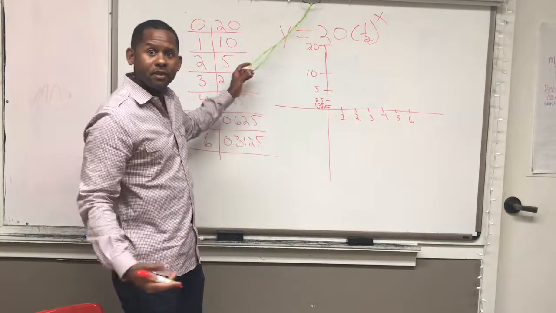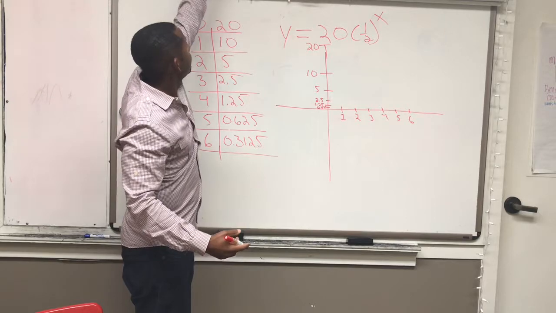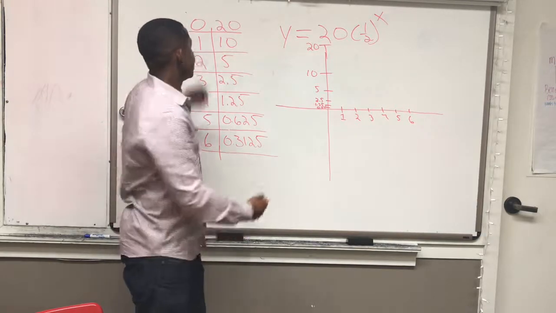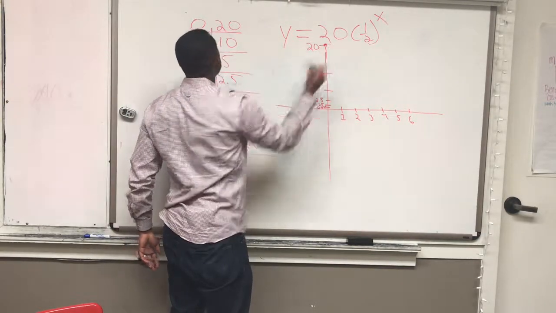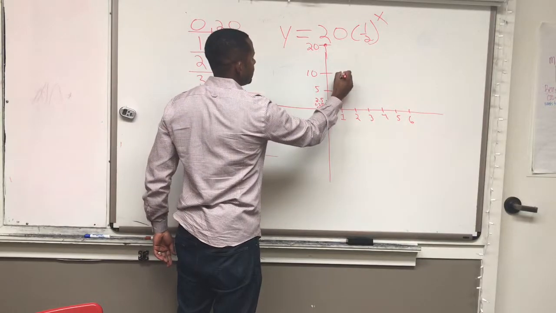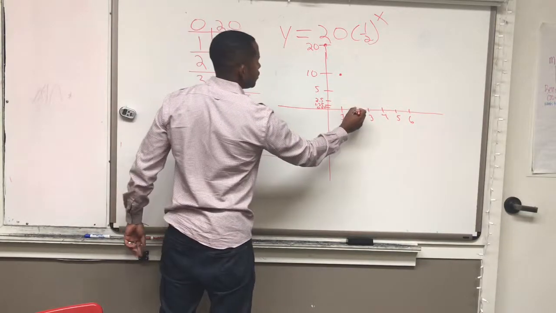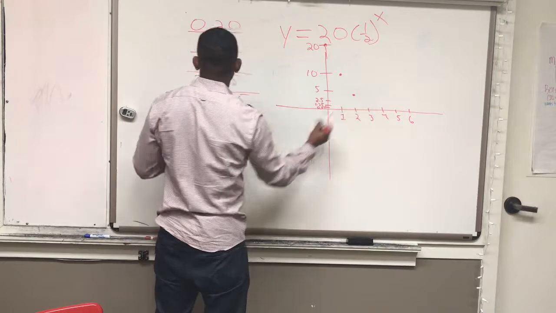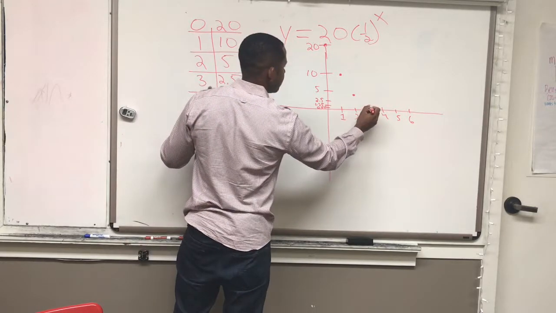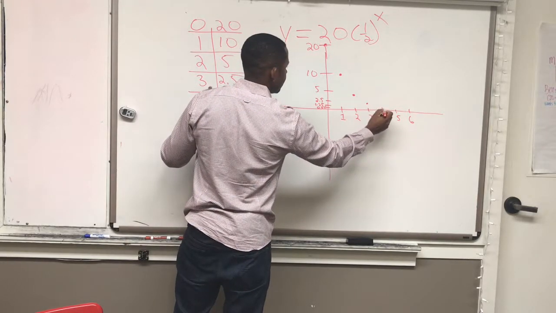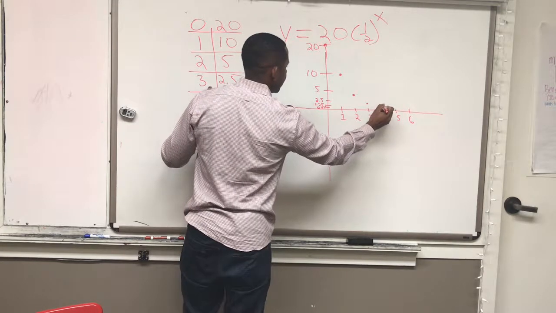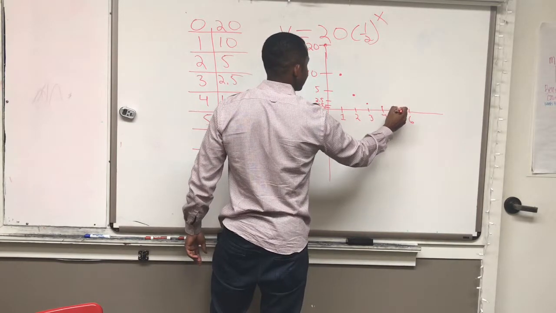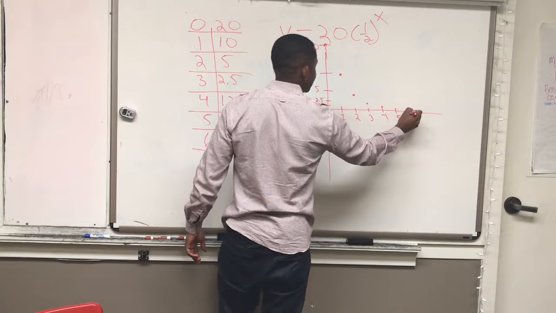See what happens when we actually graph it. So we got 0, 20 right here. We have 1 and 10 right here. We have 2 and 5, 3 and 2.5, 4 and 1.25, and 5 and 0.625. Then we have 6 and something else smaller.